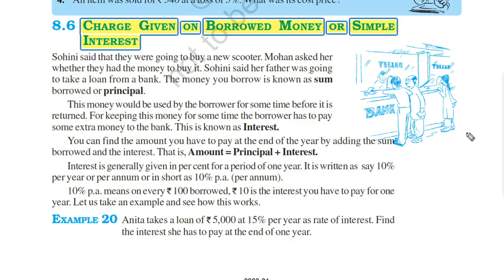So SI will be equal to P into R by 100 into T. T is for time. So this is a formula for you.